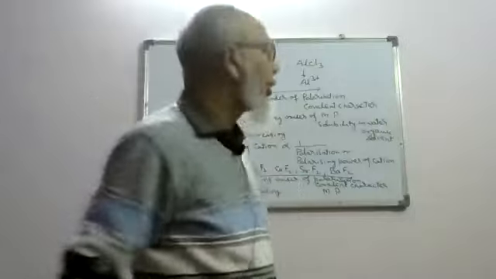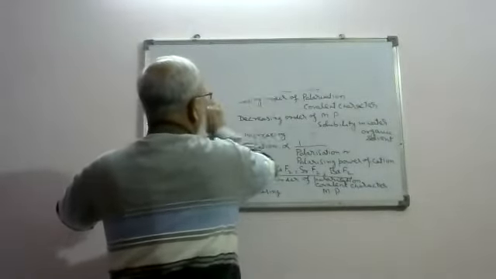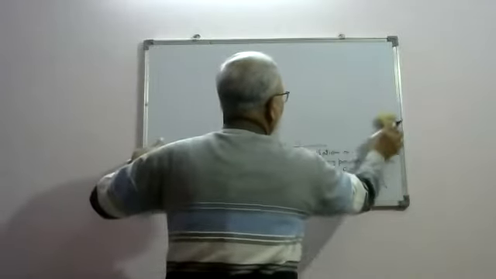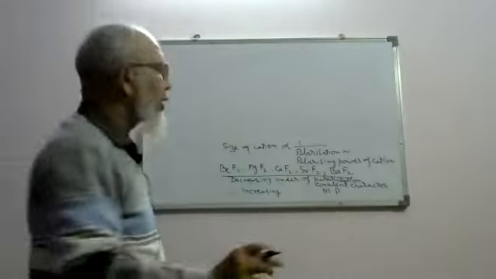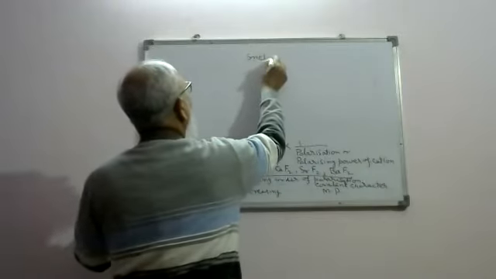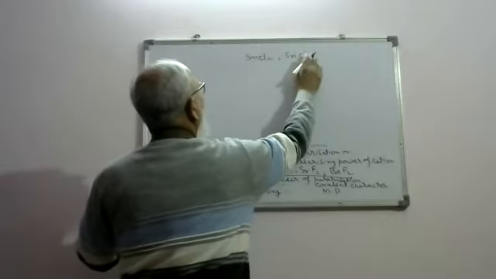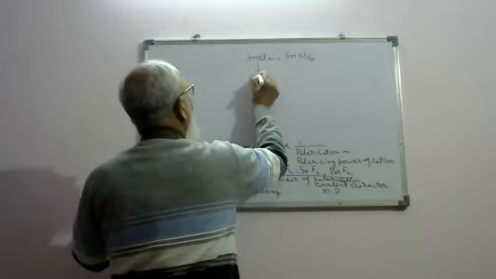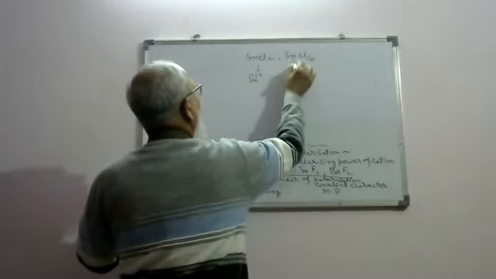Likewise, if we take two cations of the same element having different cationic charges, like SnCl2 and SnCl4, this carries 2 positive charge, this carries 4 positive charge.